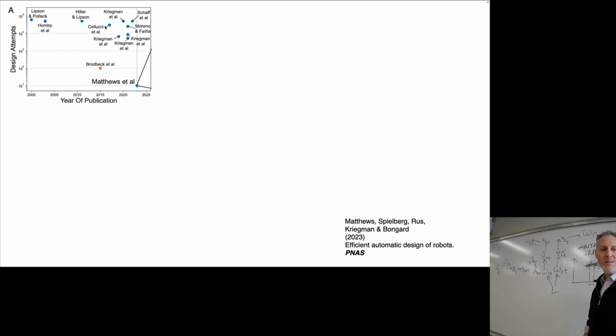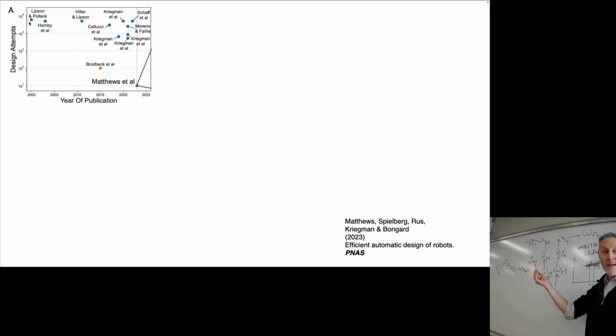These points all up here, these are all evolutionary robotics experiments. In those papers, the authors reported we ran an evolutionary algorithm on a simulated robot, and we got this cool simulated robot after about 10 to the 4 or 10 to the 5 simulations.